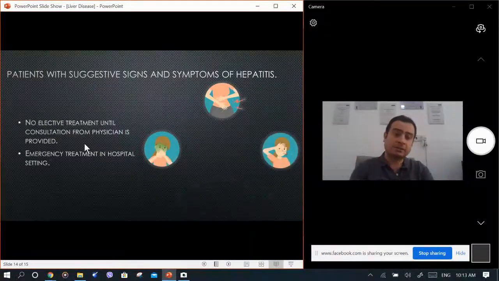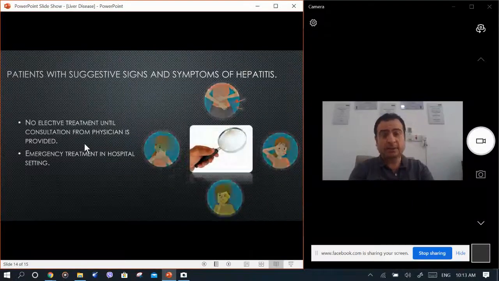If we have a patient in our clinic that has suggestive signs and symptoms of hepatitis, which include abdominal pain, nausea, vomiting, fever, and yellowish discoloration, jaundice, then no elective treatment until consultation from a physician is provided.